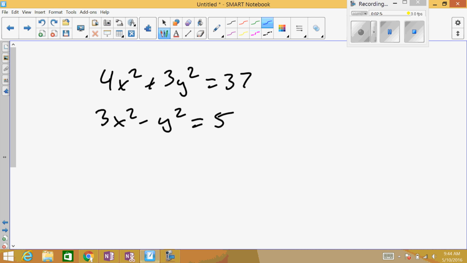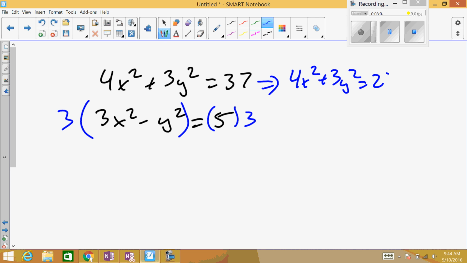So I'm going to multiply this equation by 3 on both sides so that my x terms will match. 4x squared plus 3y squared equals 37. 9x squared minus 3y squared equals 15.